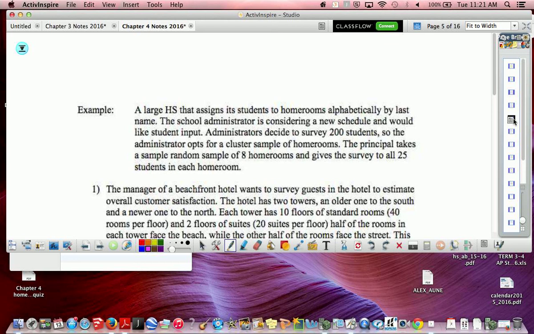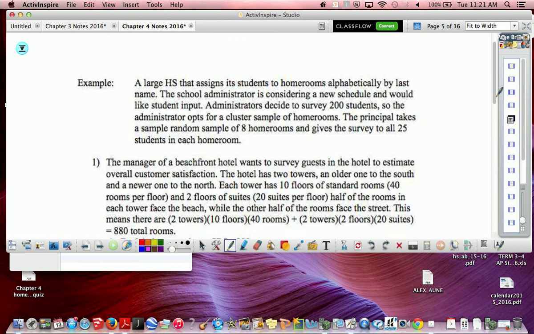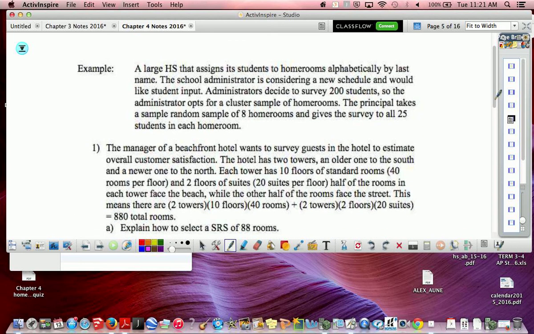Okay. So let's take a look at the example here and show you the differences between the 3 different types of sampling techniques. If we look at number 1 here, it says the manager of a beachfront hotel wants to survey guests in the hotel to estimate overall customer satisfaction.